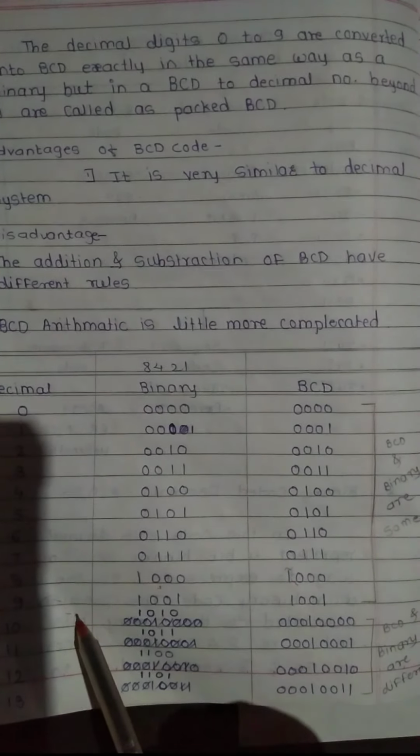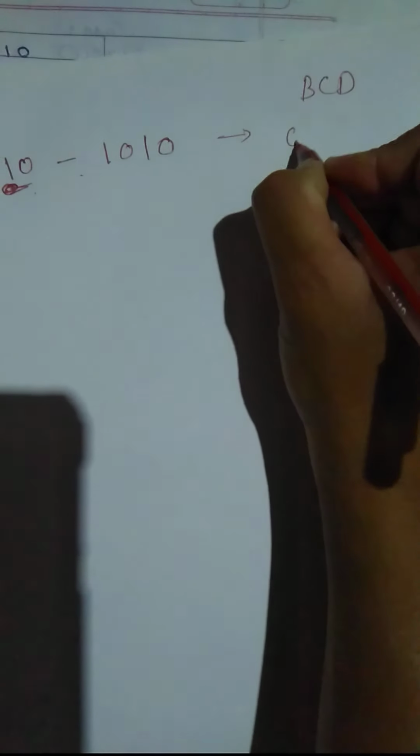See one example: in binary 10 is represented as 1010, but the same 10 in BCD is packed, meaning 1 is represented as 0001 and 0 is represented as 4 bits, 0000. So this is known as packed BCD.